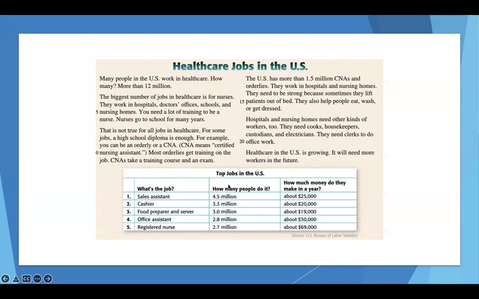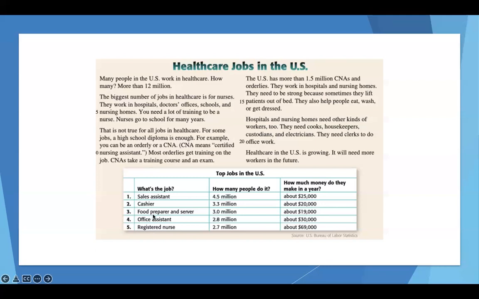Now we're looking at the table. What's the job? Sales assistant. How many people do it? 4.5 million. How much money do they make a year? About $25,000. Cashier. 3.3 million people. About $20,000 per year.